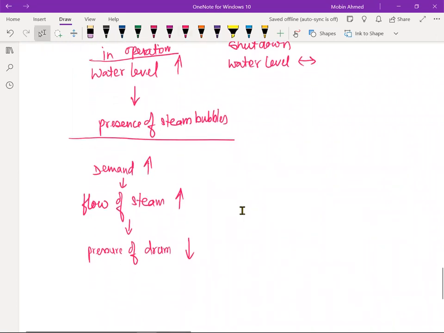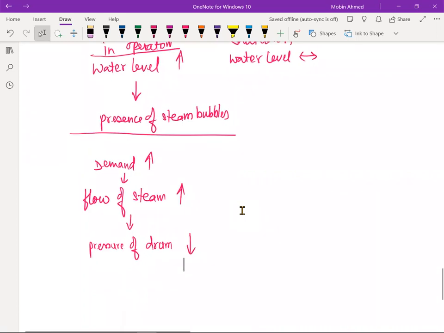And as the pressure decreases, the steam bubbles which are there are going to flash off and become steam.